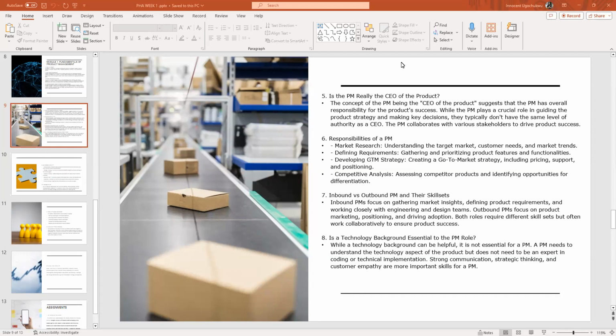Anywhere you see PM, PM here means product manager. Being the CEO of the product suggests that the PM has overall responsibility for the product's success. While the PM plays a crucial role in guiding the product strategy and making key decisions, they typically don't have the same level of authority as a CEO. Note that down. The PM collaborates with various stakeholders to drive the product.